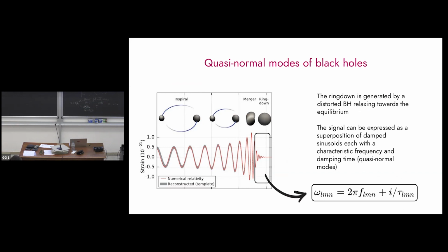The ringdown is just the output of the fact that the remnant relaxes towards equilibrium. It emits gravitational waves in the form of a superimposition of damped sinusoids, and they are characterized by frequencies and damping times, and they are the quasi-normal modes of the black hole.